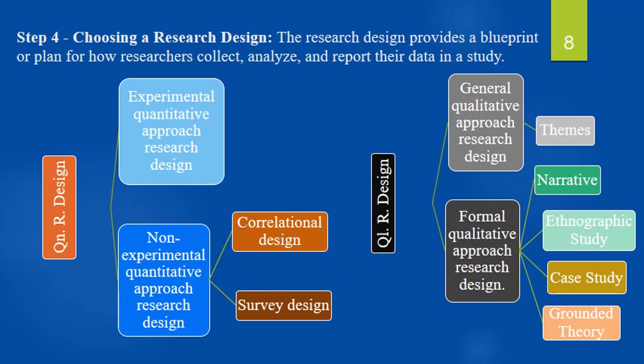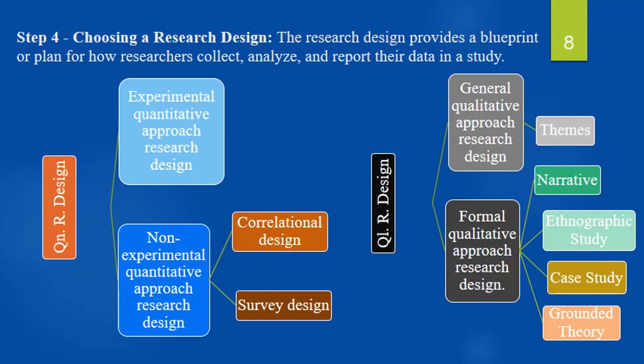But in qualitative research, researchers generally select an overall approach and research design to plan how they will conduct their study. In many types of qualitative studies, researchers use what we call a general qualitative approach to gather data from participants and analyze those data for themes.